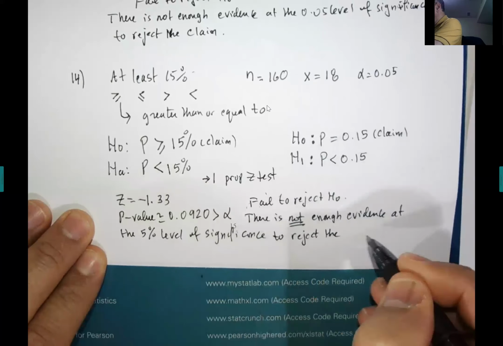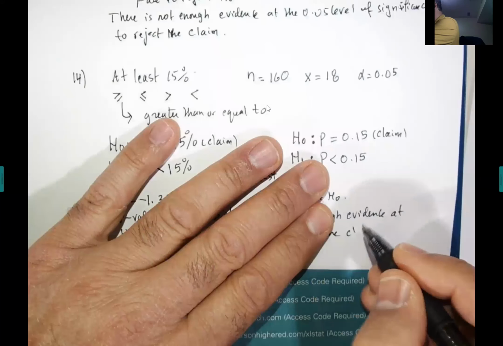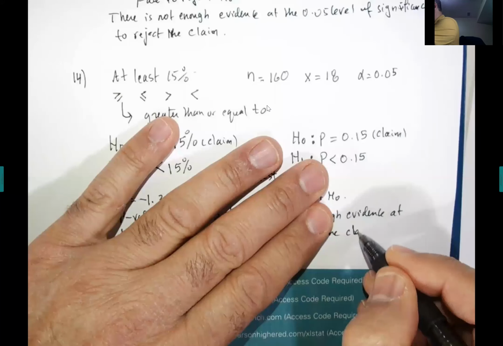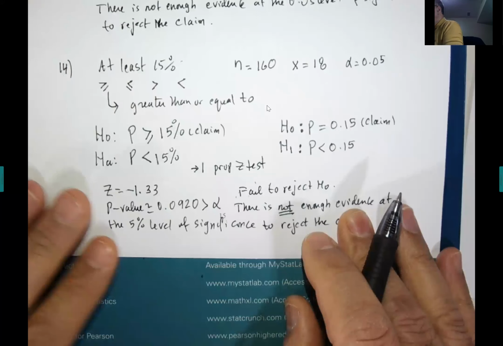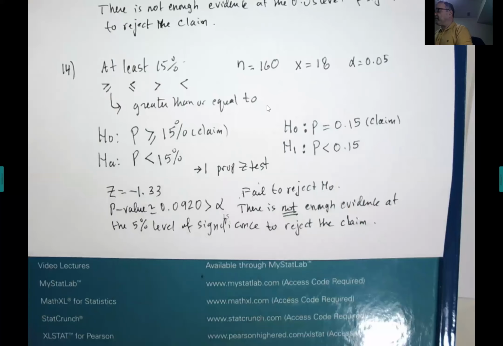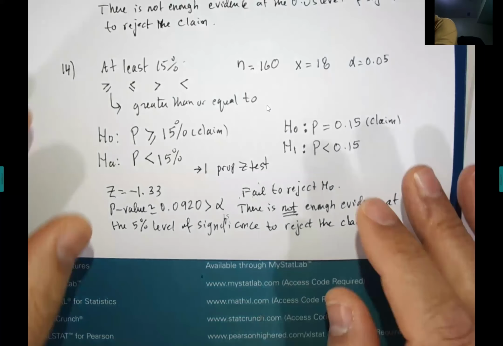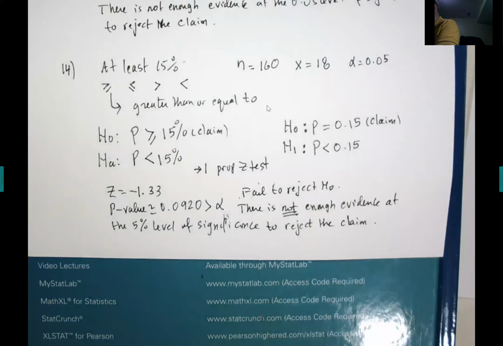The claim happened to be in H0, and we failed to reject H0. That means we failed to reject the claim. We said there is not enough evidence at the 5% level of significance to reject the claim. So that's 14. I'm going to go to 15 right now. No, 15 is omitted. It has to do with the standard deviation. So we're going to go to 16 now.